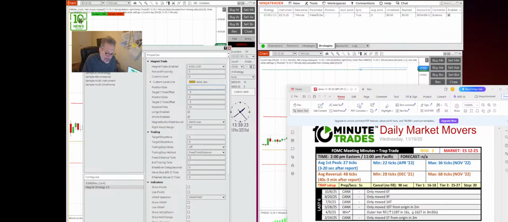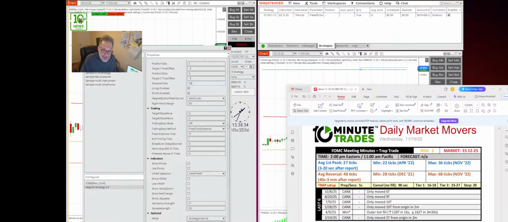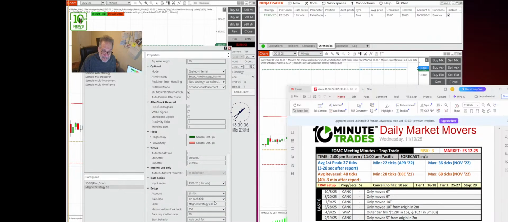I think if we get to that, 2 contracts. And a 30 tick stop. And I'll label it ES magnet. Trade it in that same account, number 20.